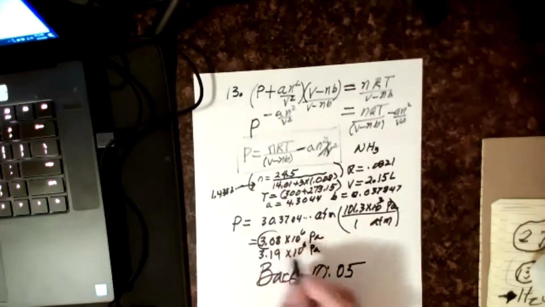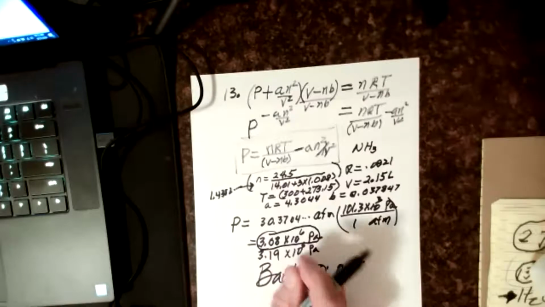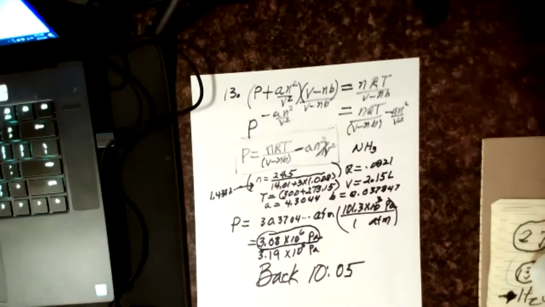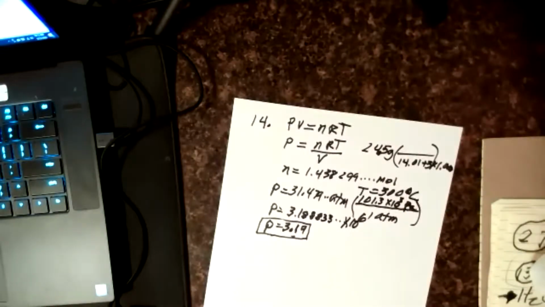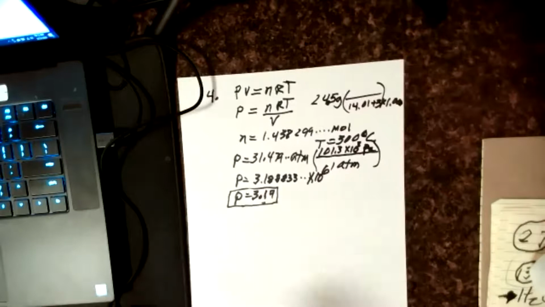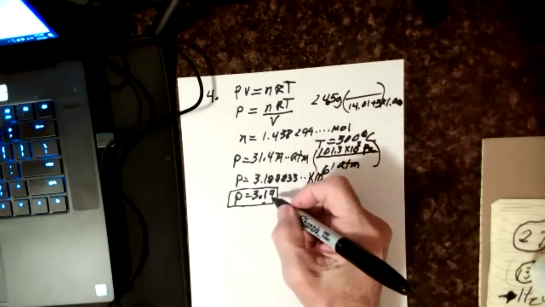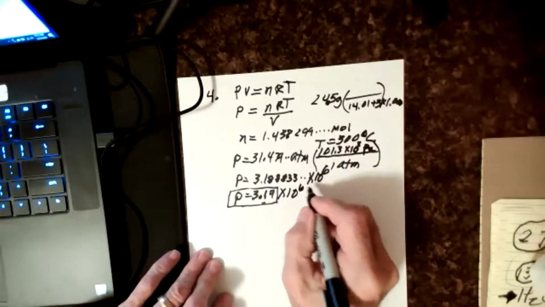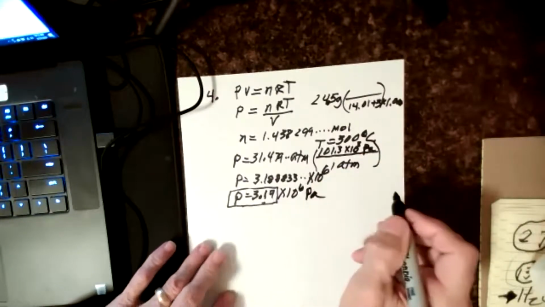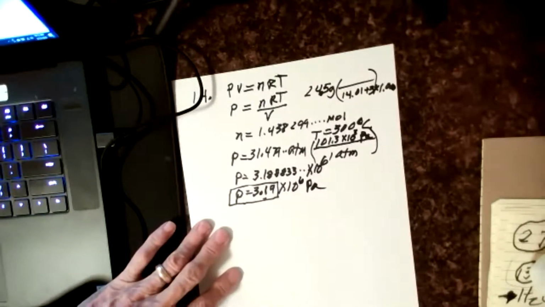The answer on 13 was 3.08 times 10 to the 6th, so we did get it right on that van der Waals equation. I couldn't believe that I hadn't caught any mistakes long before this on this test. But anyhow, the answer is 3.19 times 10 to the 6th pascals, and that's what we would get if we had an ideal gas.